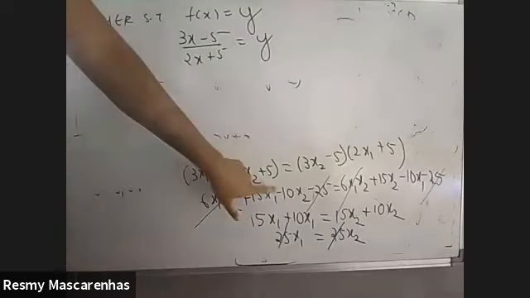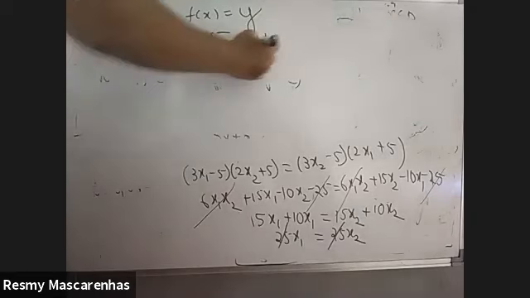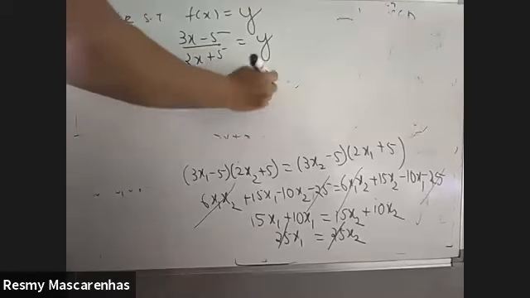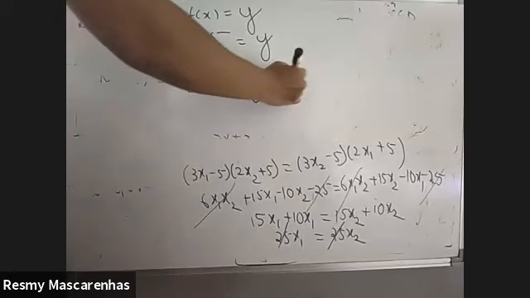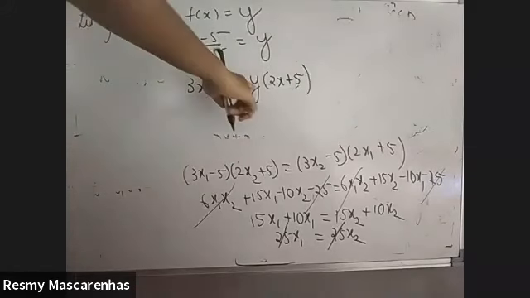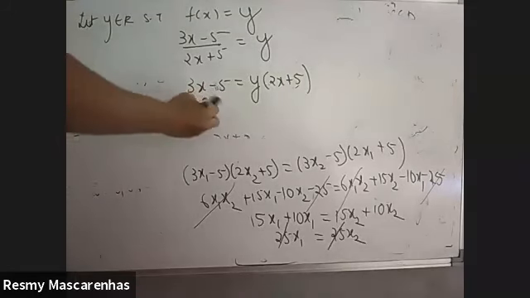Is there anyone having doubt in this problem, then ask. Then 3x minus 5 is equal to... okay, now multiply this inside and bring x terms on one side and numbers you take on the other side.